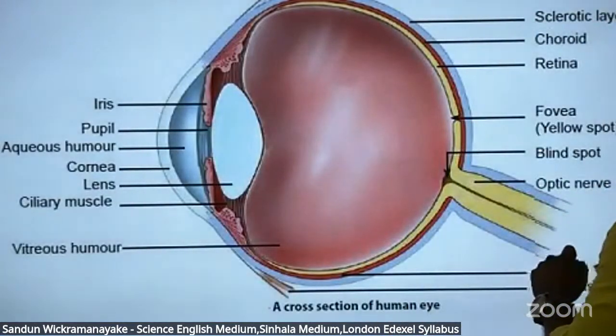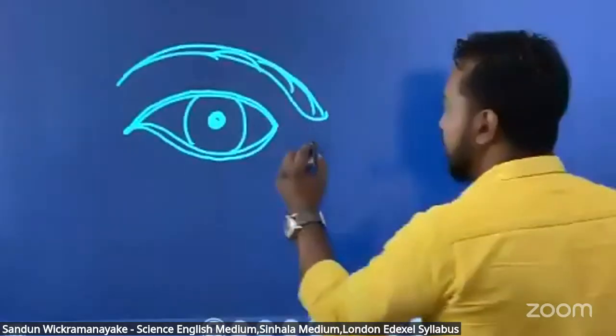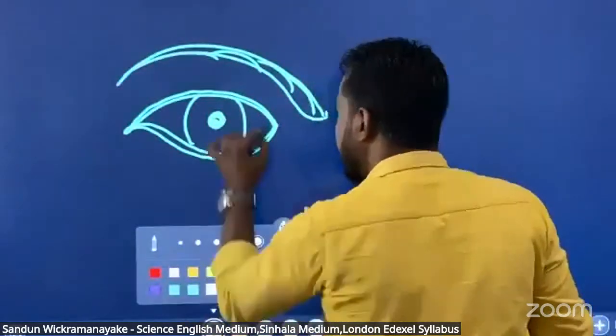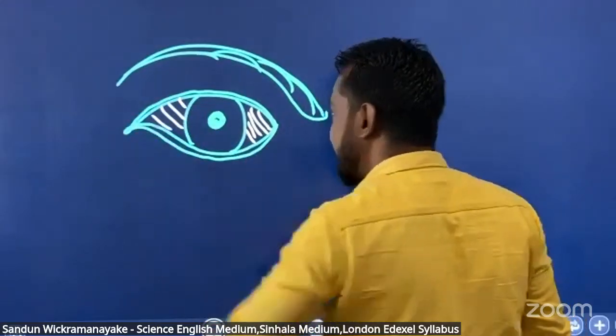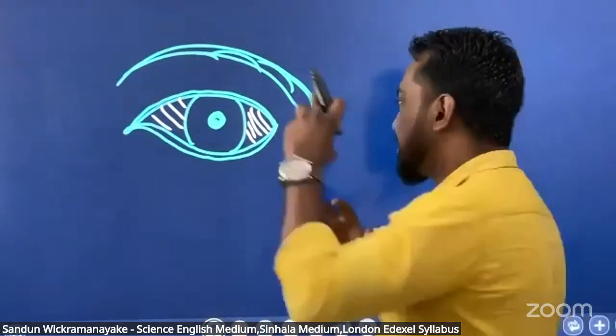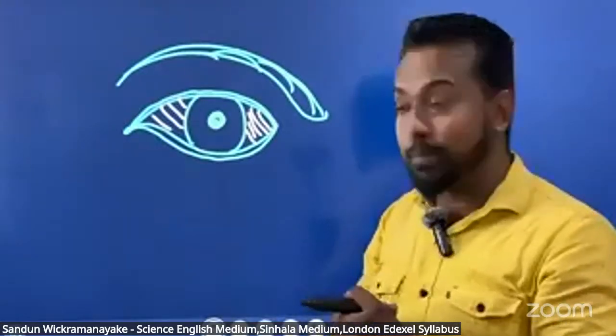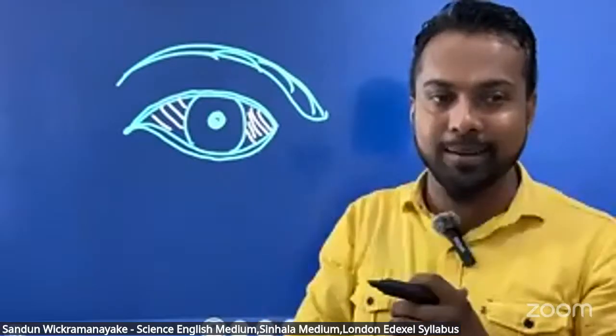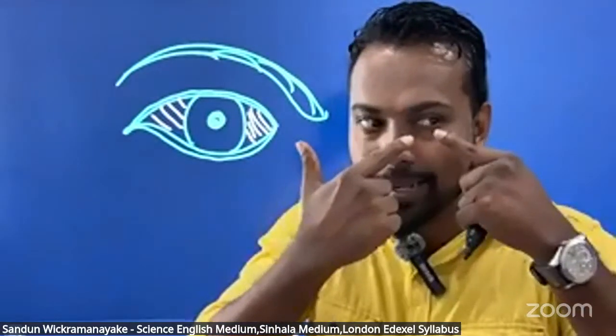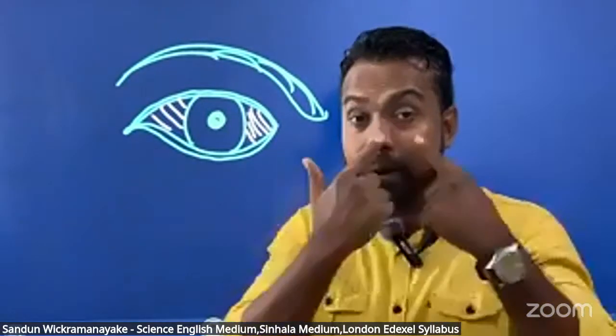It can be seen outside like this, because the eyeball is inside of the human skull, but we can see some part of this sclerotic layer. Look at this. This is the sclerotic layer of my eyeball, right?